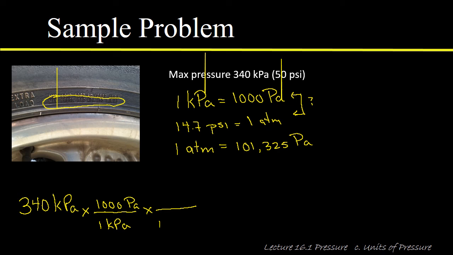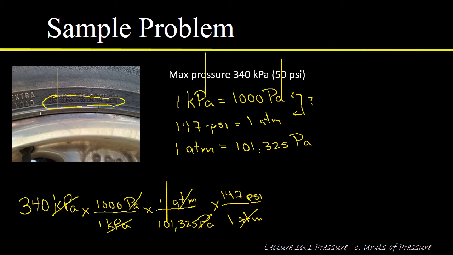So 101,325 pascals in the bottom, and 1 atmosphere in the numerator. And then to convert from atmospheres into psi, we know that 1 atmosphere is 14.7 psi. All right. If we look at our units, we see that our kilopascals will cancel, our pascals will cancel, atmospheres cancel, and we should end up with psi.